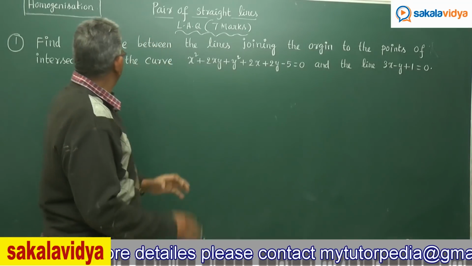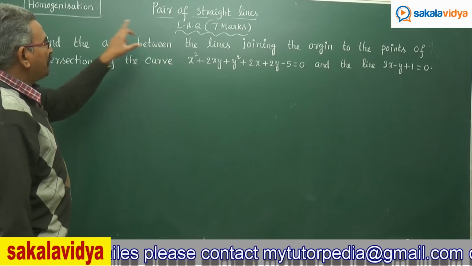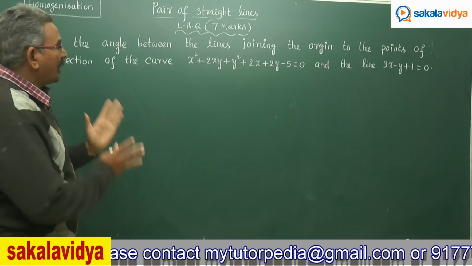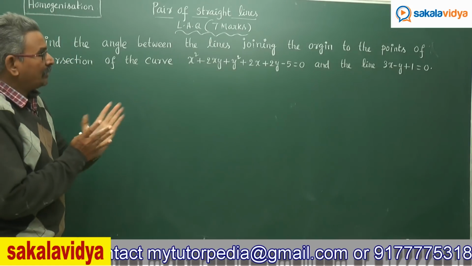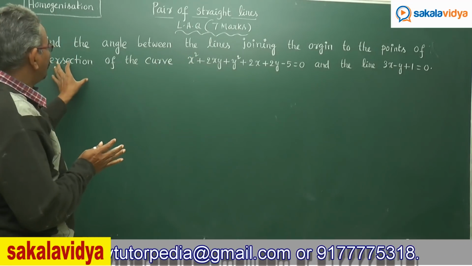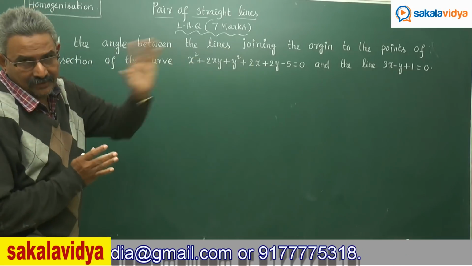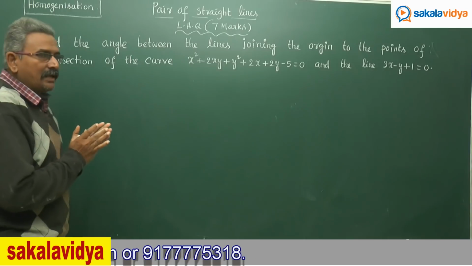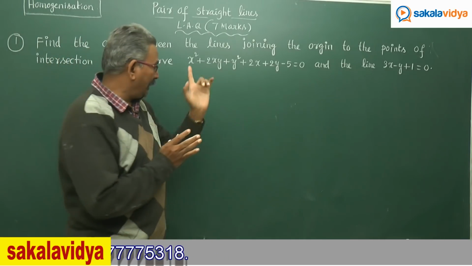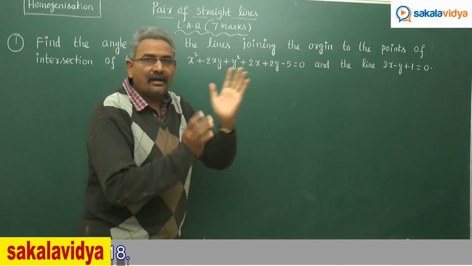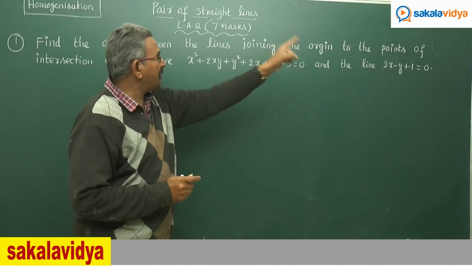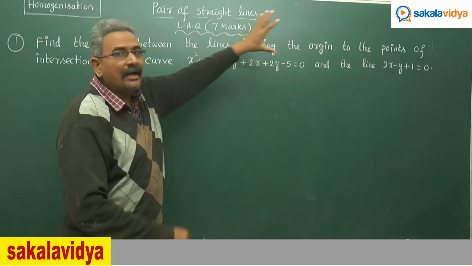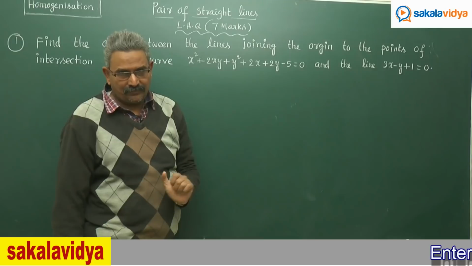So we need to find out the angle between the pair of lines joining the origin to the points of intersection of the curve and the line.